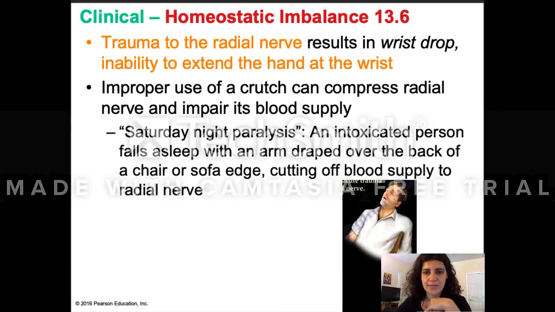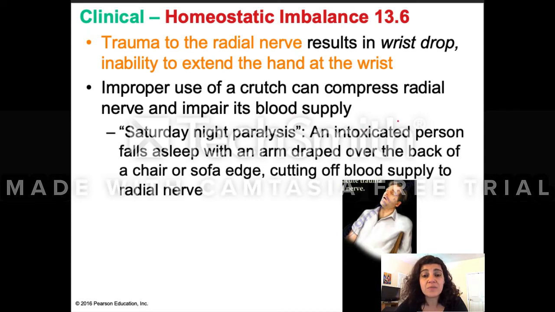What happens? It's called Saturday night paralysis. So if an intoxicated person falls asleep with an arm draped over the back of a chair or a sofa edge, cutting off the blood supply to the radial nerve, you paralyze that arm. And for some time you cannot do anything, okay? And it causes a trauma to that nerve.